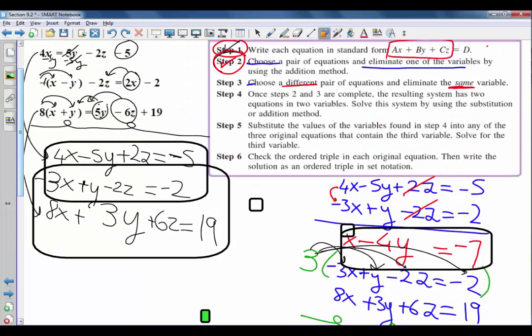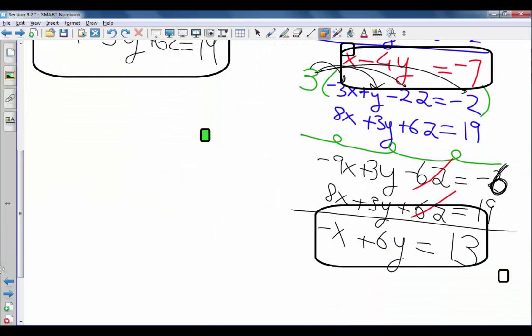3 unknowns, 3 equations turned into 2 boxes, with one equation in the first one and another equation in the other one. However, you will tell me what's great about these new equations. What is great about them? X cancels out.